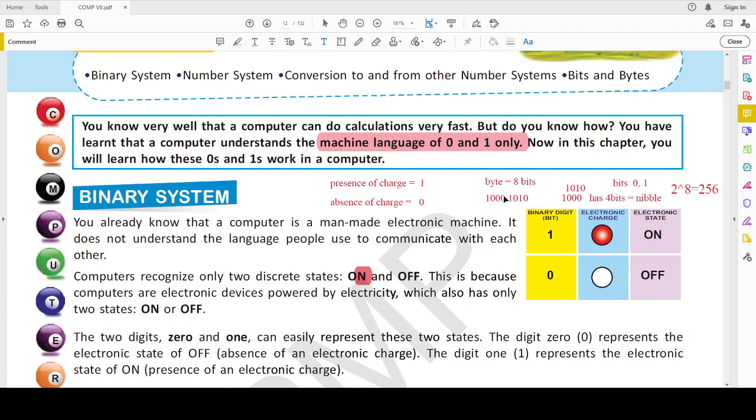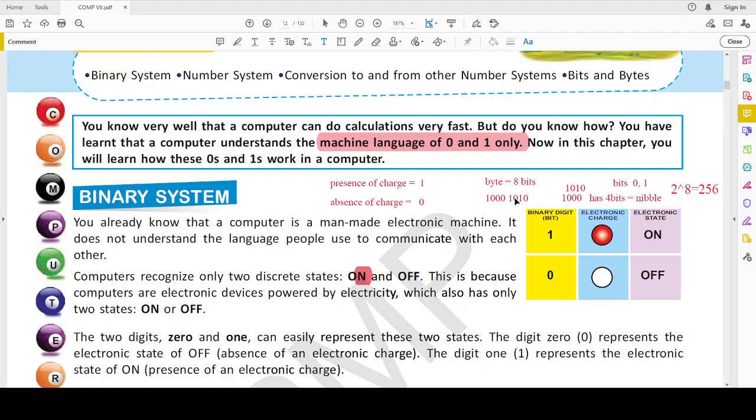We can make this compact by using a hexadecimal number, where it can be written as, this is equal to 8. 1000 is equal to 8, and 1010 is equal to A. This is 10 in decimal. You will learn how to calculate this in binary. We will see it in the latter part of the chapter. So you will see that this is 8 and this is A.